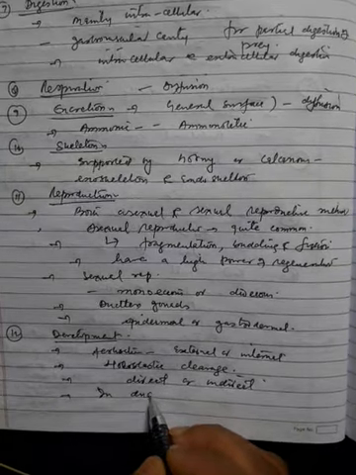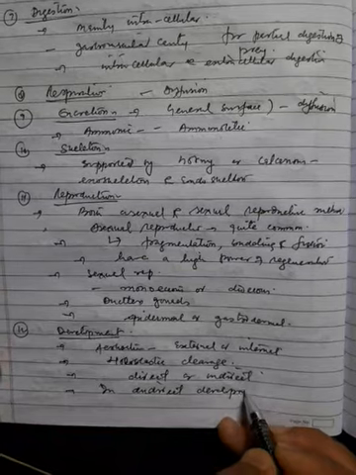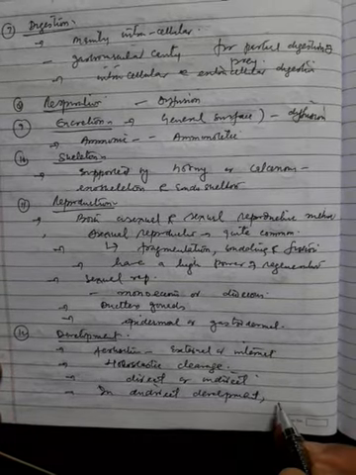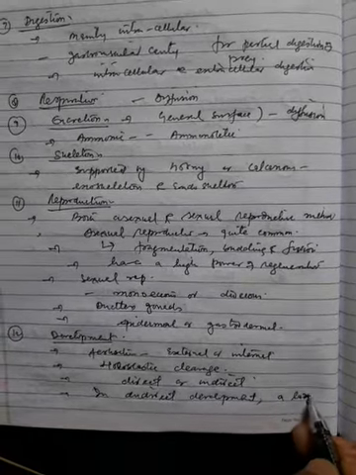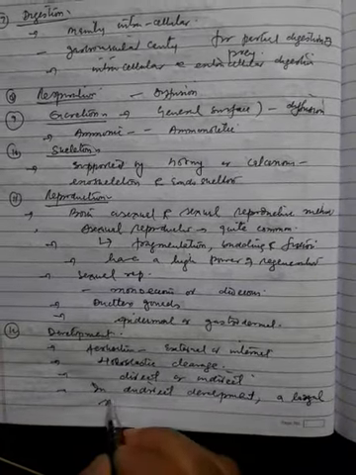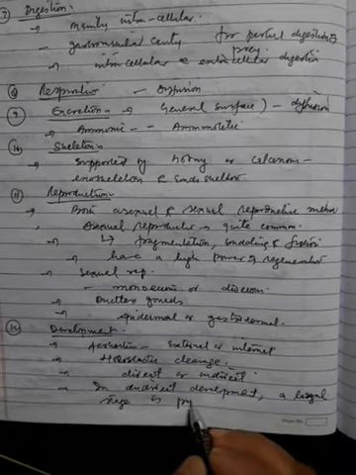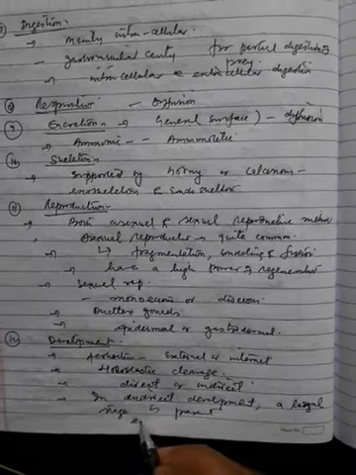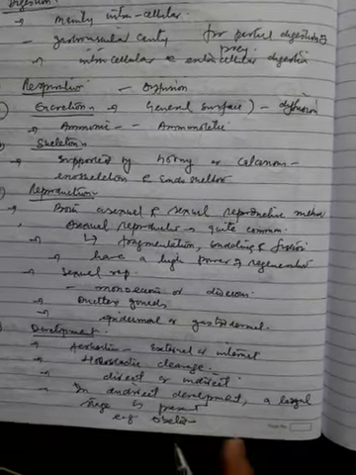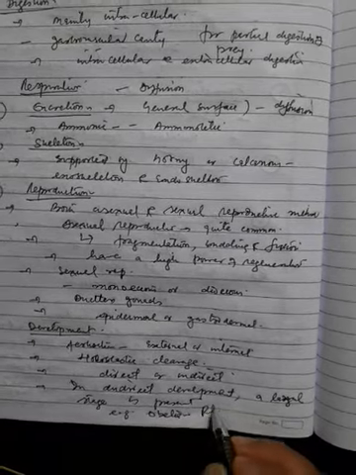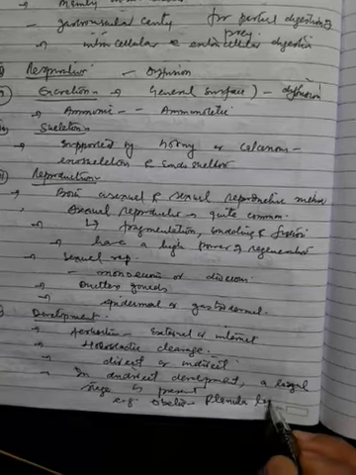In indirect development, a larval stage is present. For example, in Obelia, planula larva is present.